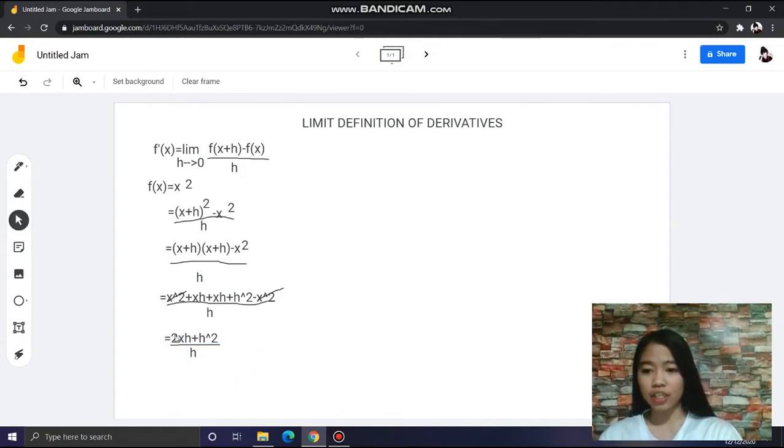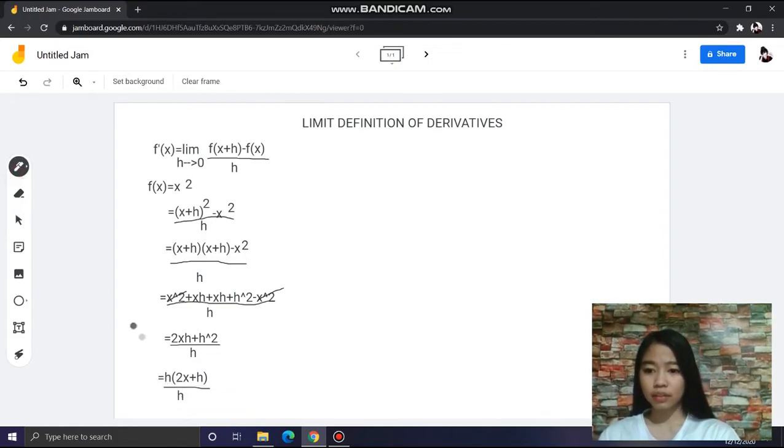Next, we need to factor out the h in this function. What we do is get the GCF, I mean this h. 2xh divided by h is equal to 2x, and h squared divided by h is equal to h. And then divided by h. Cancel this h.